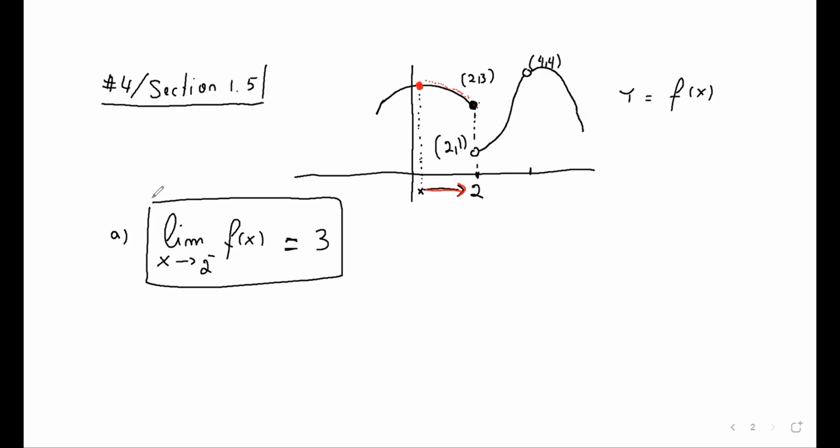So for example, part B: what is the limit as x approaches 2 from the right of f of x? What is this limit, folks? So let me know in the chat. When I approach 2 with x from the right, what is the value of f of x as I approach 2?